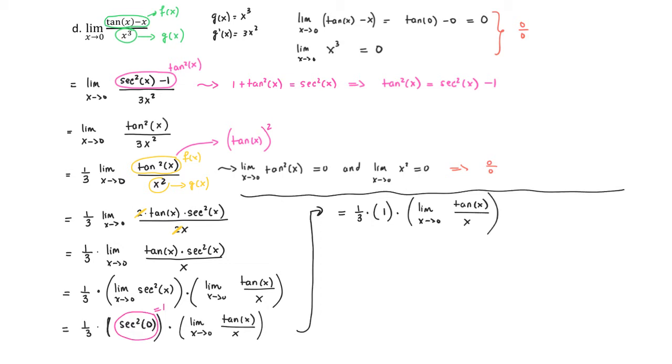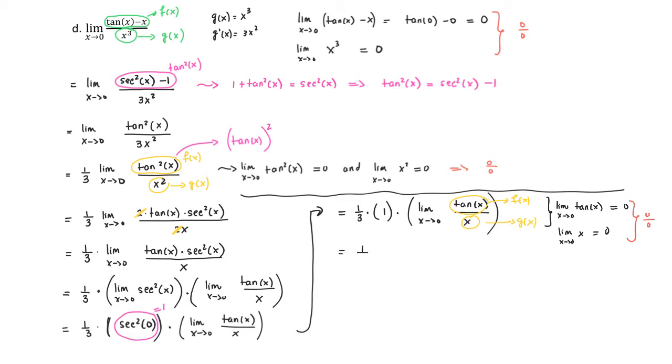And then, believe it or not, I can apply L'Hopital's again. If I do a quick substitution of 0, I'm going to get tangent of 0, which is 0 over 0. So I can think of my numerator as my new f of x, the denominator as my new g of x. I can quickly show that the limit as x approaches 0 of tangent of x is equal to 0, and the limit as x approaches 0 of x is equal to 0, and this is giving me the indeterminate form of 0 over 0.